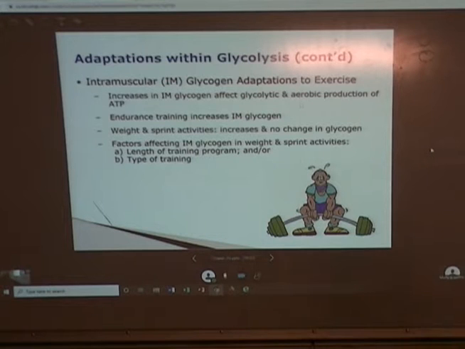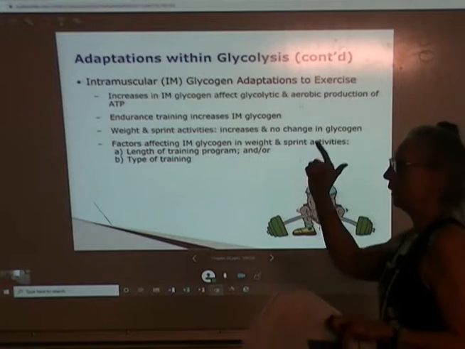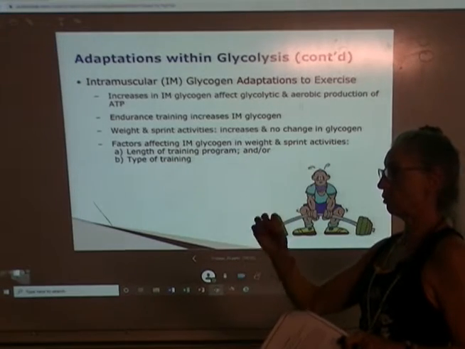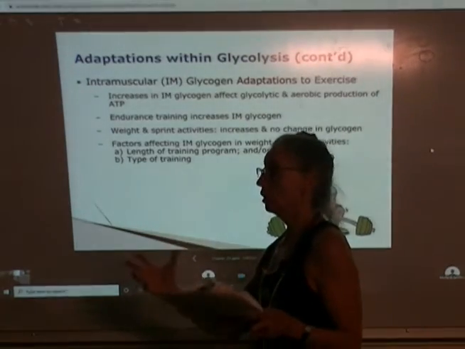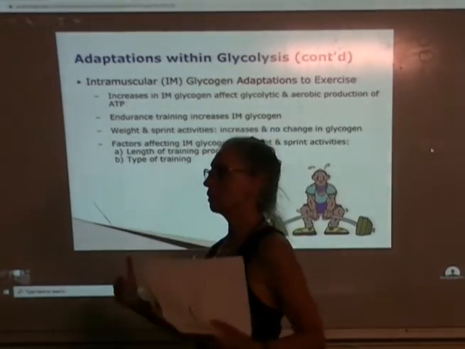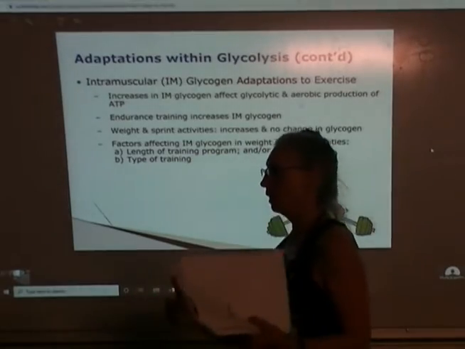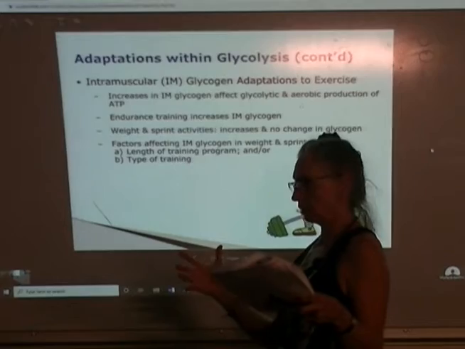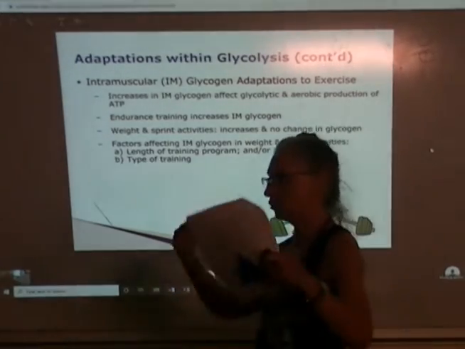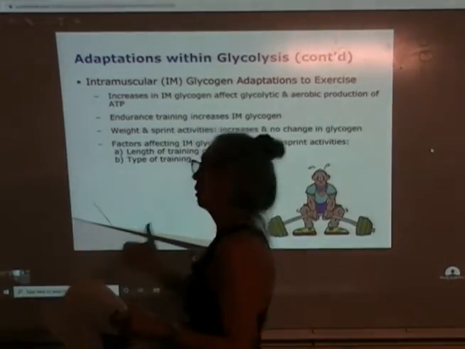So we have enzyme adaptations, and then we're going to see substrate adaptations. Remember that adaptations are typically positive. So if I stress the body, if I stress the system, it is going to adapt in a way that benefits that system and your performance. Okay?